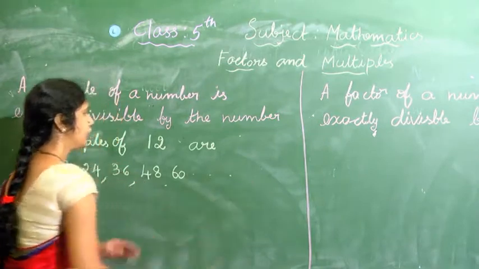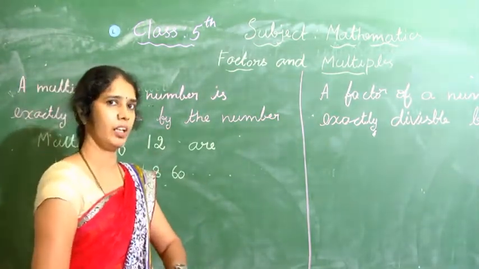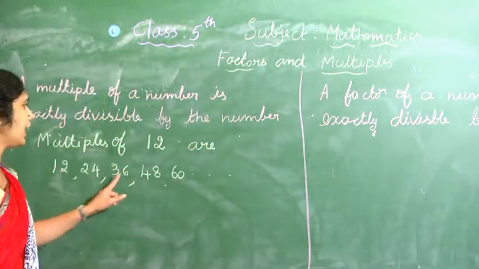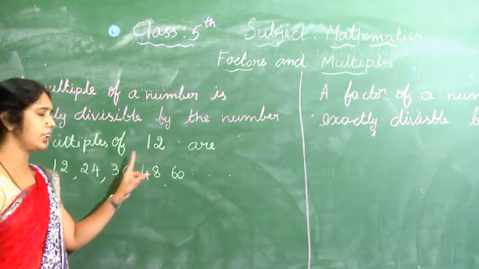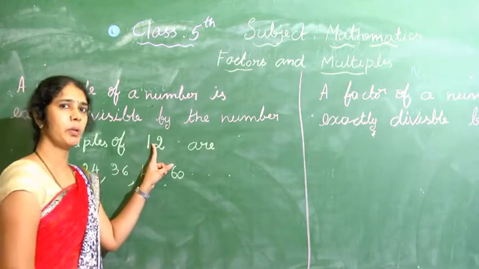Like this. The 12 table itself gives the multiples of 12. Okay, understood? See, all these numbers are exactly divisible by 12.